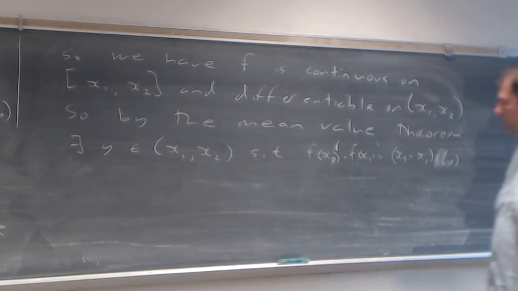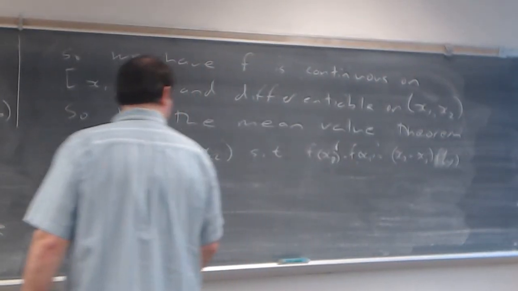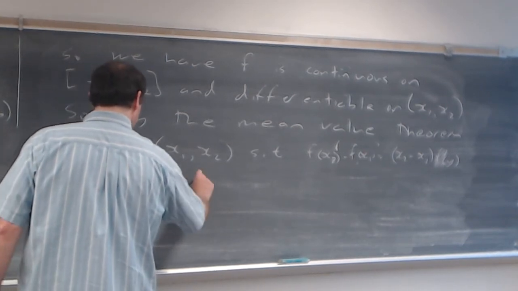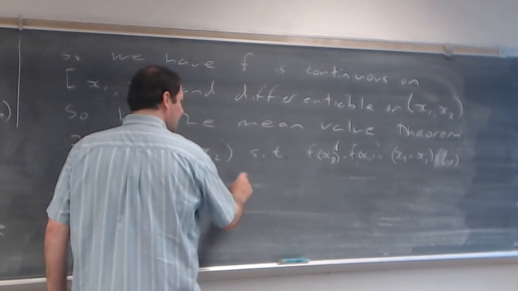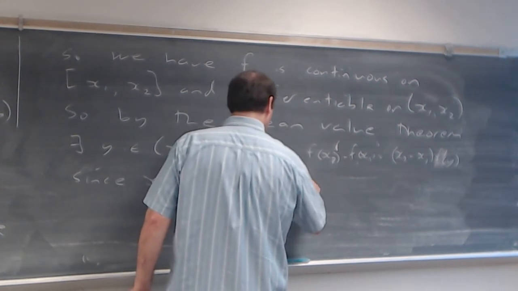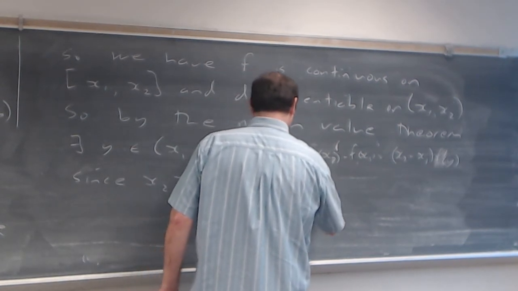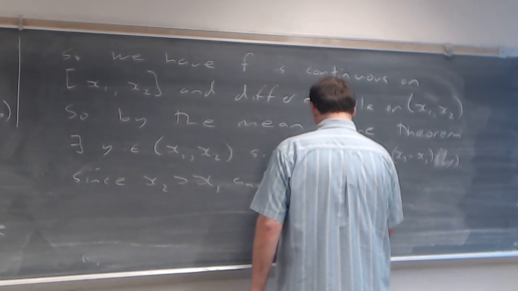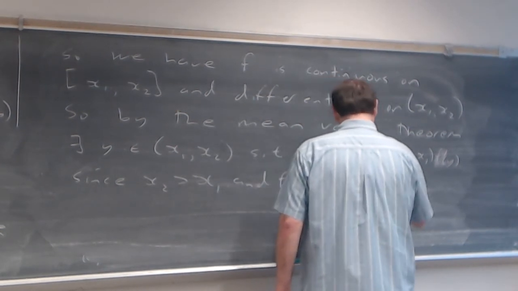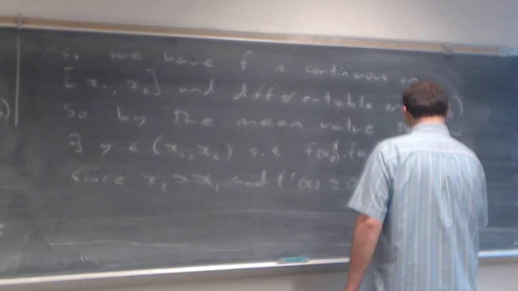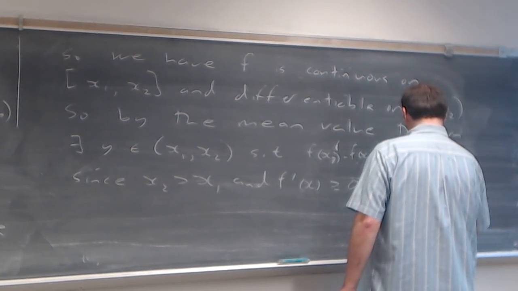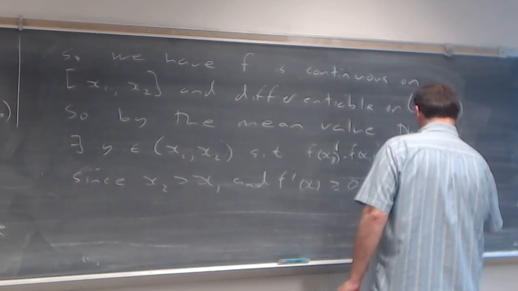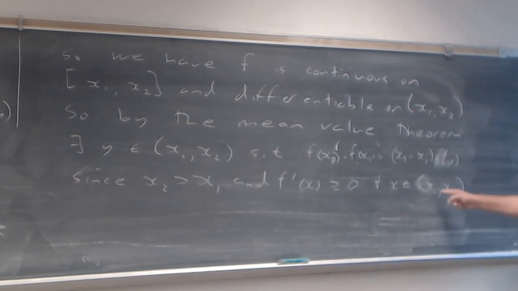Now, since x of 2 is greater than x of 1 and f prime of x is greater than or equal to 0 for all x element of, well, here it would be x of 1 comma x of 2, because we had it from a to b.